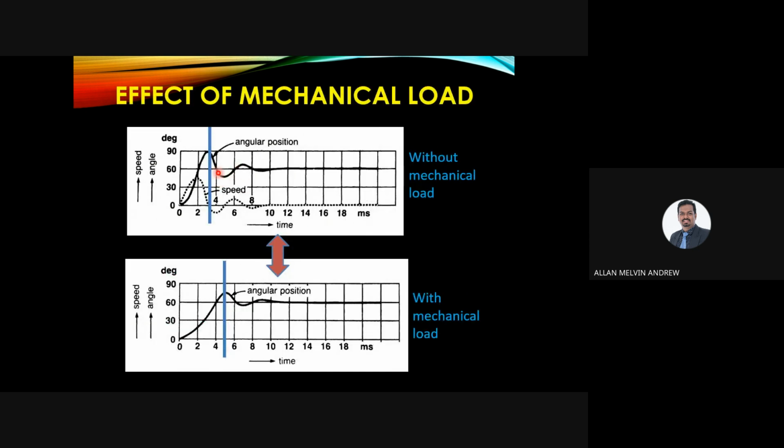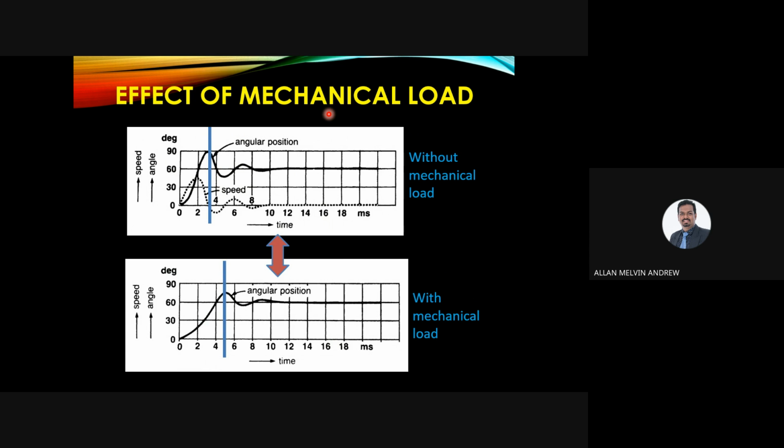Okay, so another way for us to control the inertia is by using a mechanical load. So a mechanical load is something like a weight, something that is mechanical. So we can compare with our car.